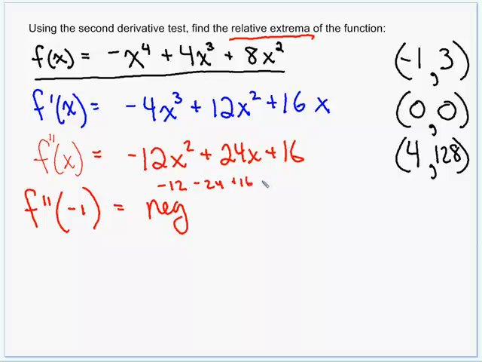Plus 16 would take us to negative 20. And the value doesn't matter, just the sign. So we know that when we plug this critical number into the second derivative, we get a negative output. And we know a second derivative that is negative means concave down. So that's concave down, and that means that this critical number is that point at the top of that hill, or it's a relative max.